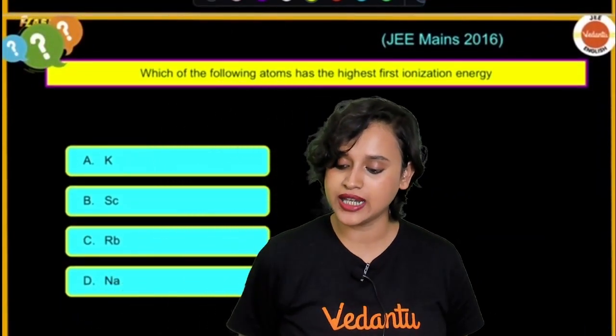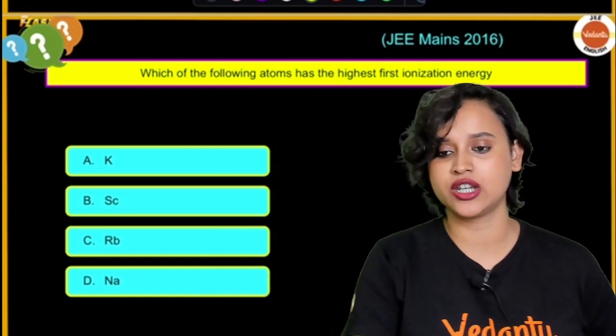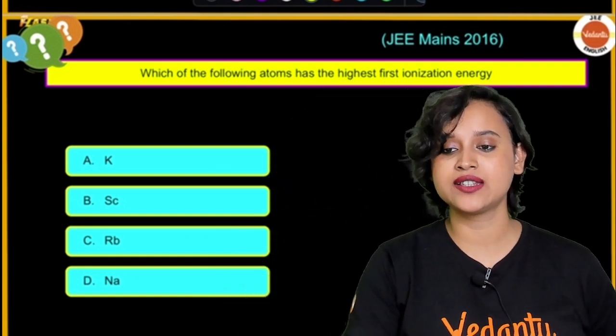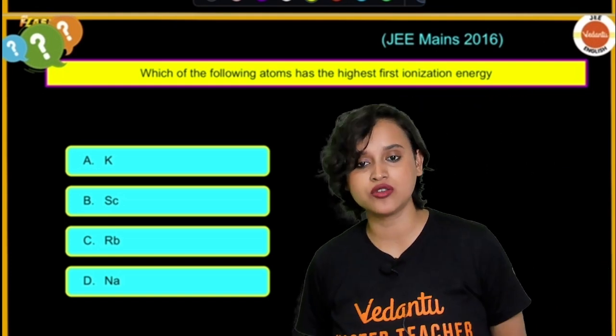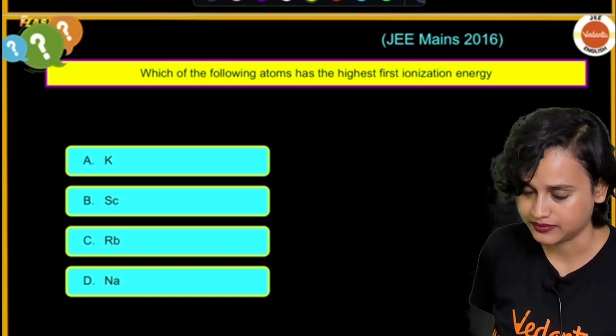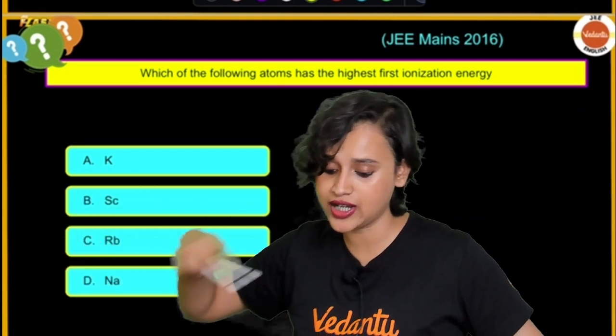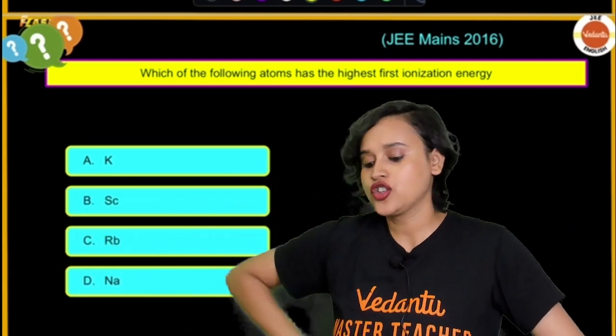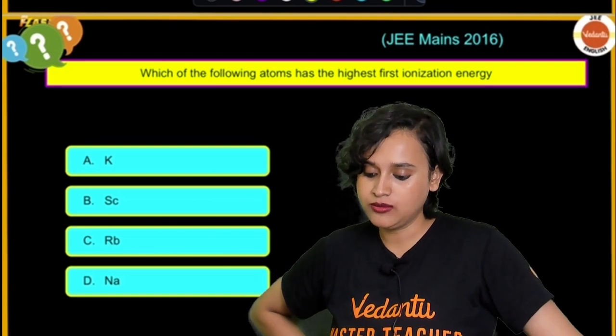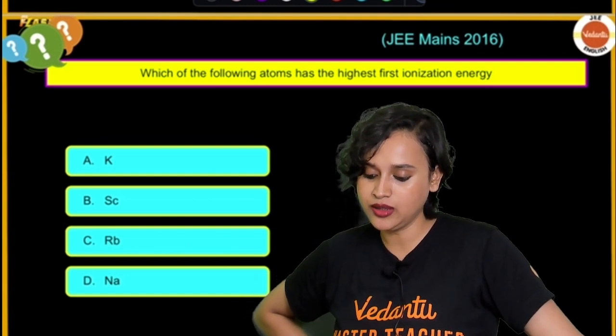Which of the following has the highest first ionization energy? We know that as we go down the group, the ionization energy decreases. And as we move across a period, the ionization energy increases. So if we have potassium, then we have scandium, then we have rubidium, and then we have sodium.